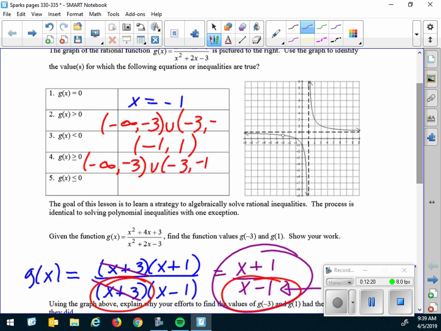Negative 3 to negative 1, but negative 1 is included now. So what do you think the answer to number 4 is? Number 5. Good. It's the same as number 3, except you have a bracket around negative 1.